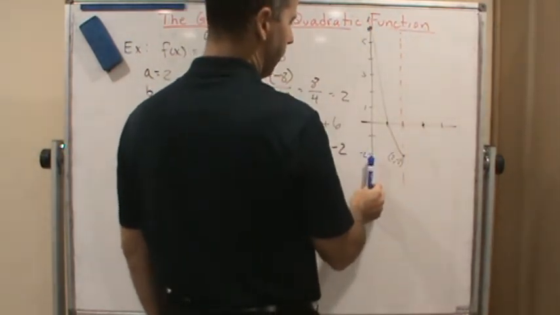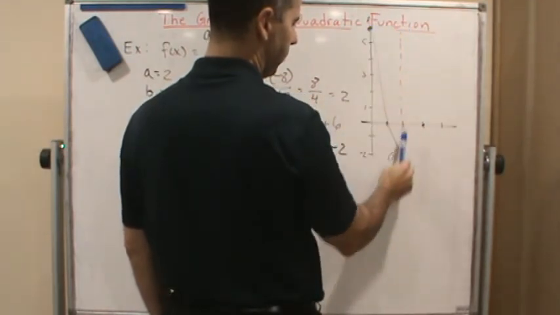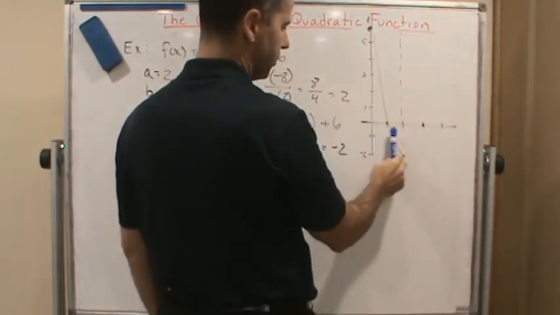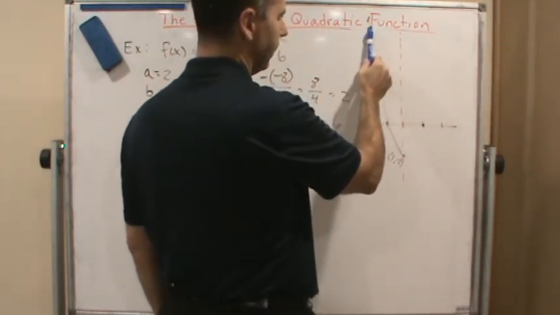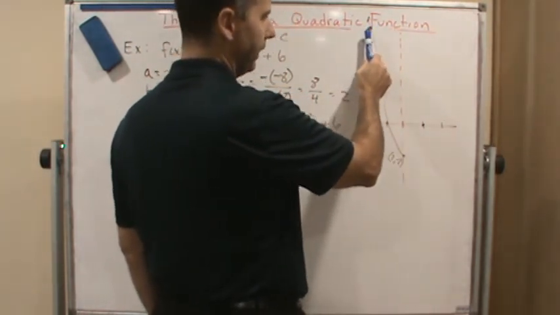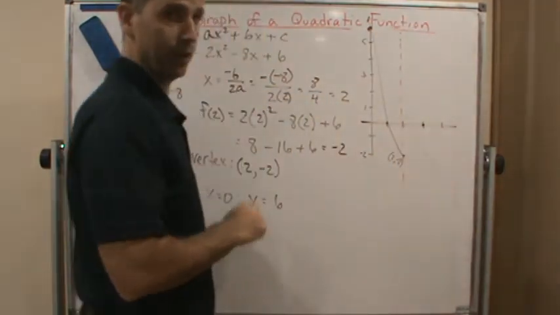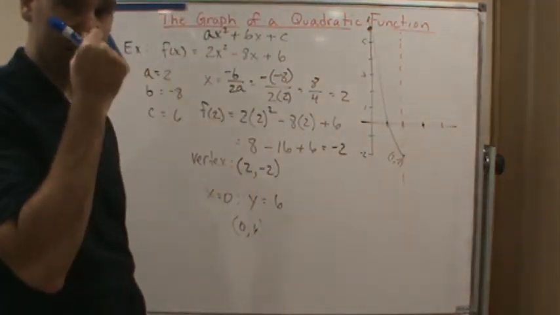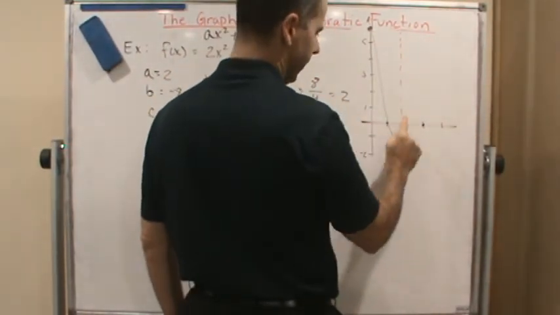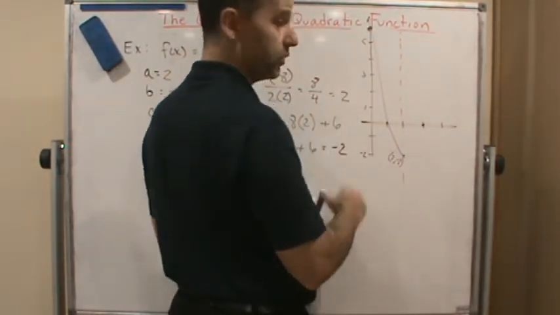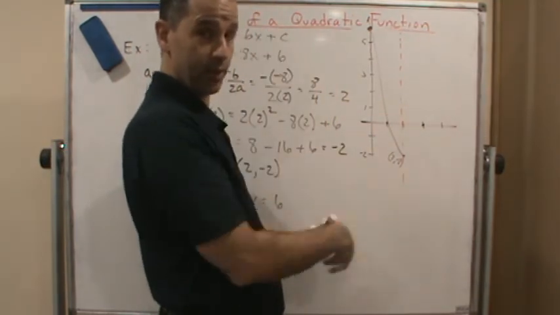So 0 comma 6 is how many units from the line of symmetry? It's 2 units. Well, that would mean that the next point that this graph goes through would be the mirror image of that, reflected across this line of symmetry. Since this is 2 units from the line of symmetry, the other one would also be 2 units from the line of symmetry on the other side.